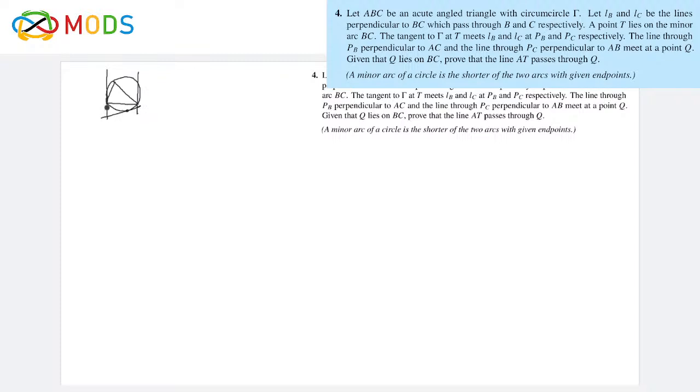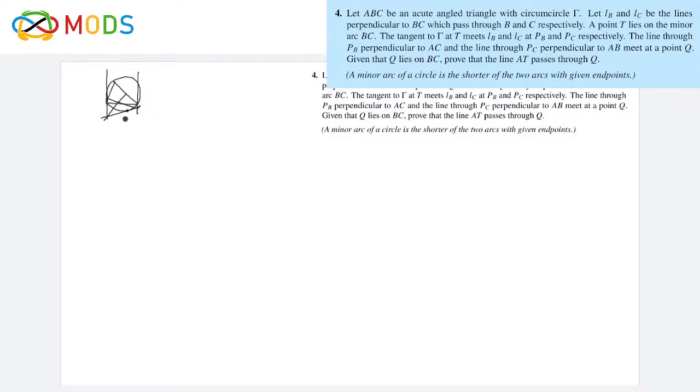The line through PB perpendicular to AC meets at a point Q. Given that Q lies on BC, prove that the line AT passes through Q.